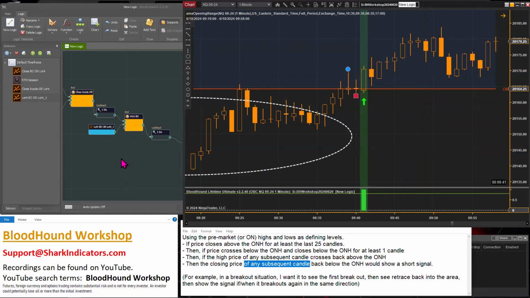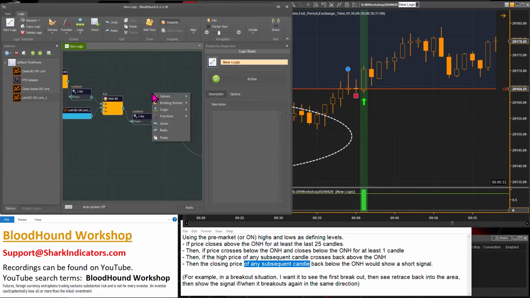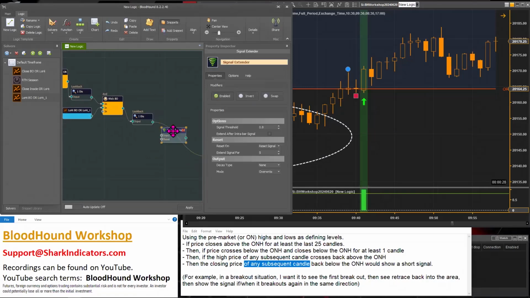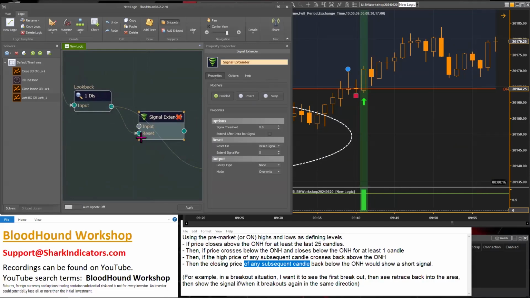Okay, so what I'm going to do is take another signal extender. Make sure you connect it to the right input connector. I connected it to the reset by accident, so let's make sure we get this connected to the input.